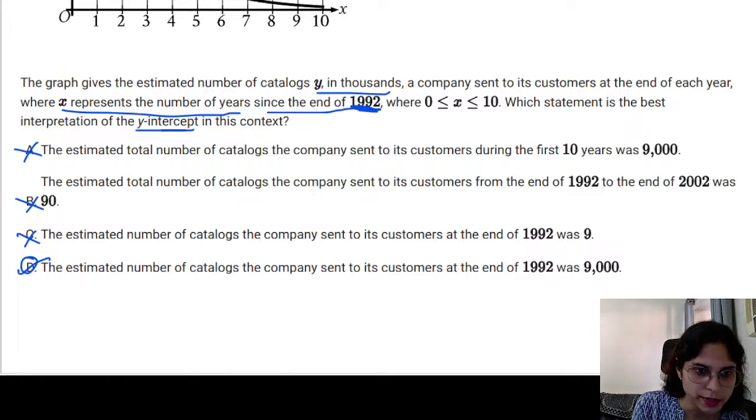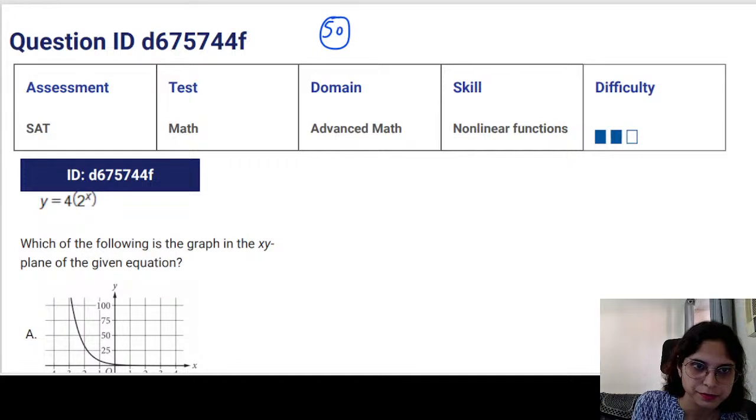Now the next question is 50. That's going to be on page number 51. y is equal to 4 times 2 to the power x. Which of the following is the graph? So first of all, this is going to be an increasing graph because the factor is greater than 1.